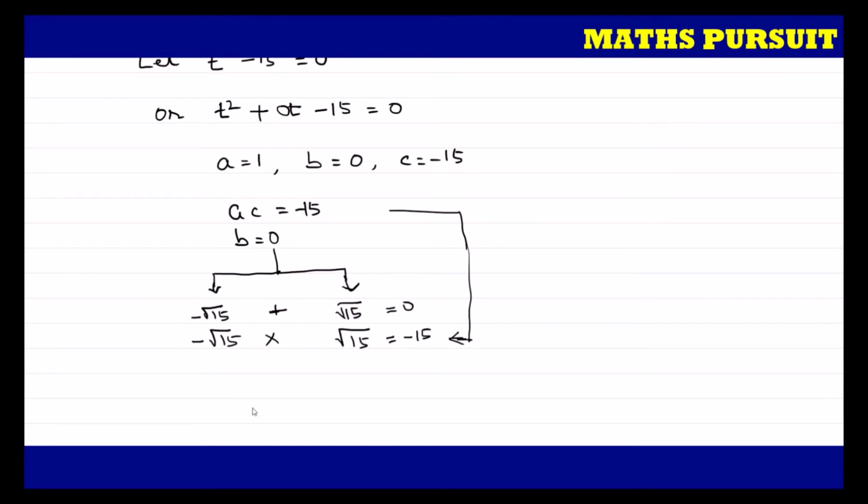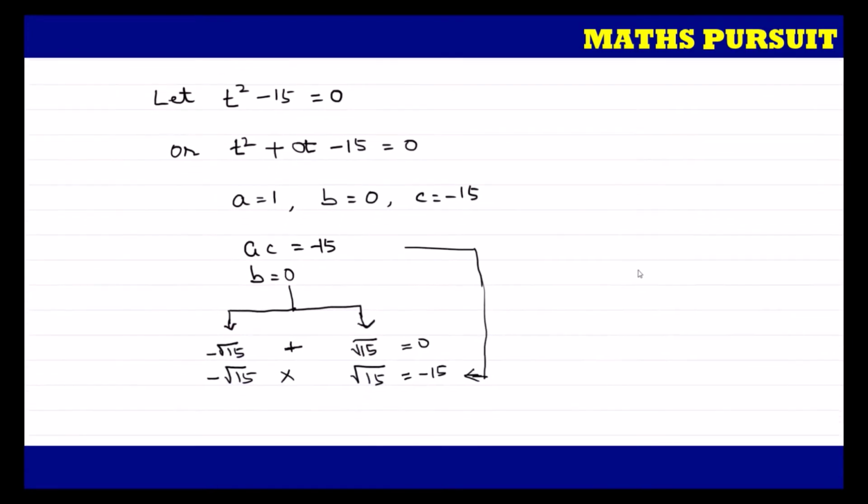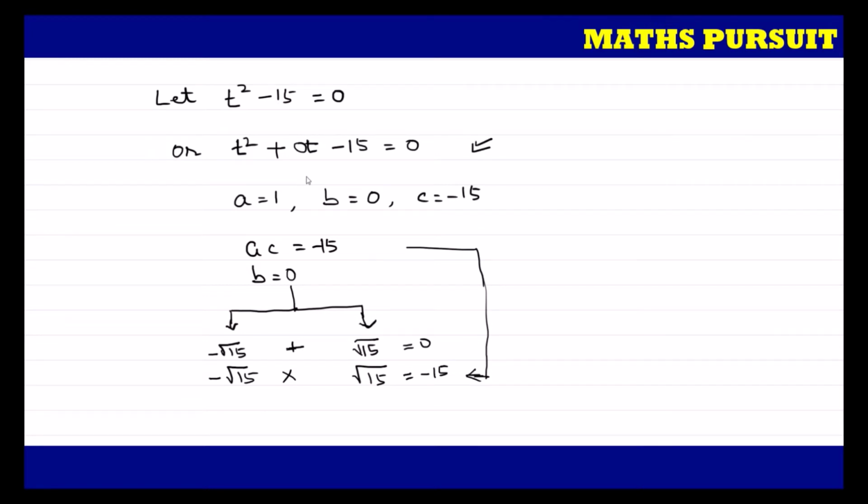Now guys, I can write the above equation, t to the power 2 plus 0t minus 15 is equal to 0, and rewrite it as t to the power 2 minus root 15t plus root 15t minus 15 is equal to 0.